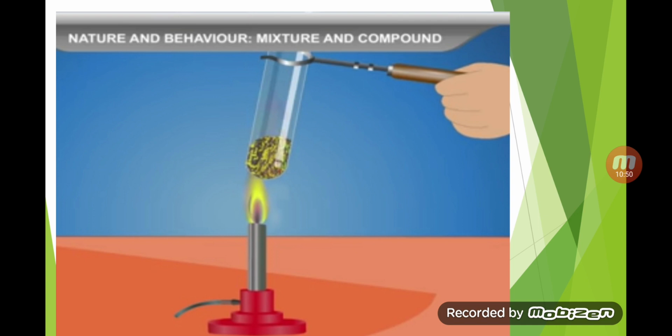We know the character of a chemical reaction: in a chemical reaction, new substances are formed, which means the constituent particles, iron and sulfur, both lose their properties and form a new product.